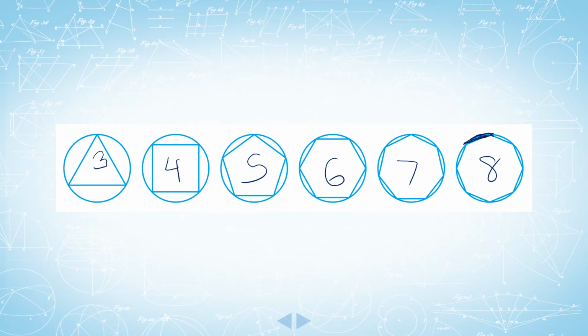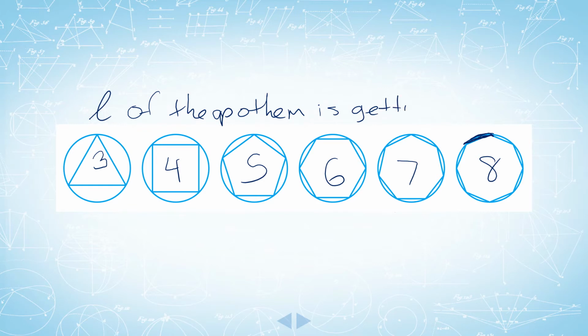What is happening is that the length of the apothem is getting closer to the radius of the circle.